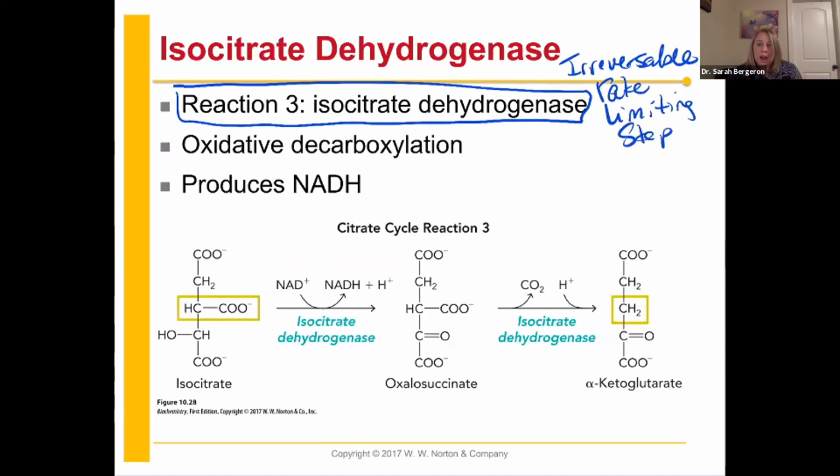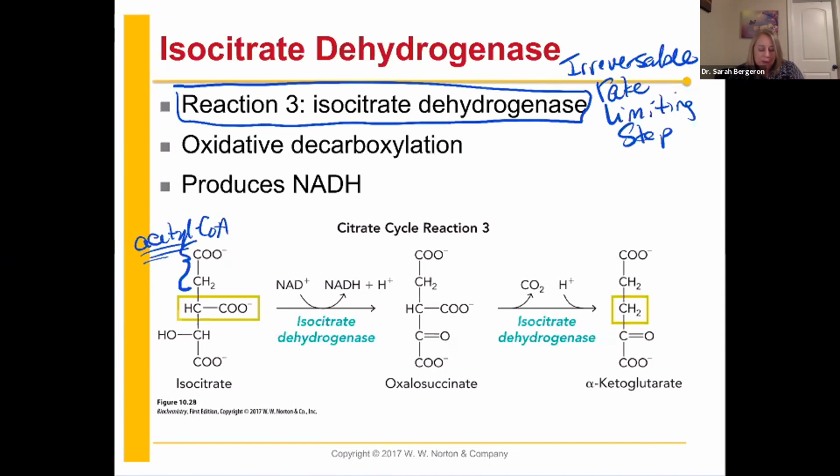This is highly, highly regulated, it's highly favorable, and there are a lot of different ways that this is regulated. So let's look at what happens here. So remember, these are the carbons here from the acetyl group, from the acetate group of acetyl-CoA. That's where those came from. So now we're kind of watching what's going to happen to this molecule.